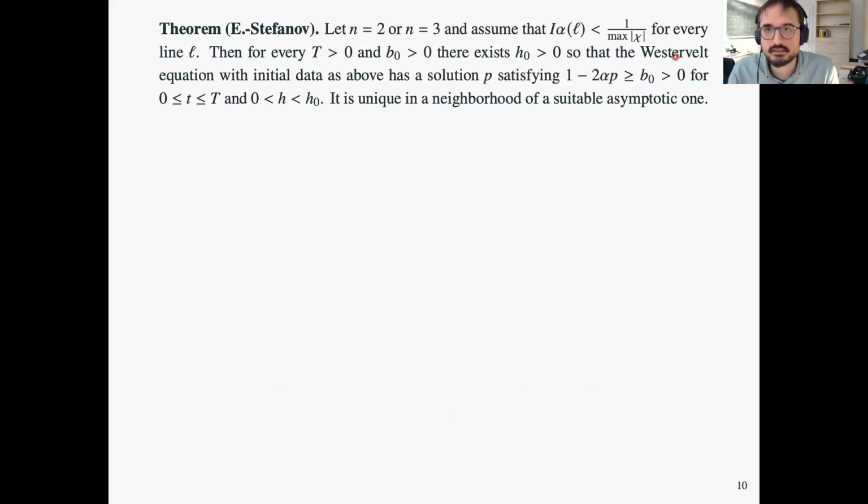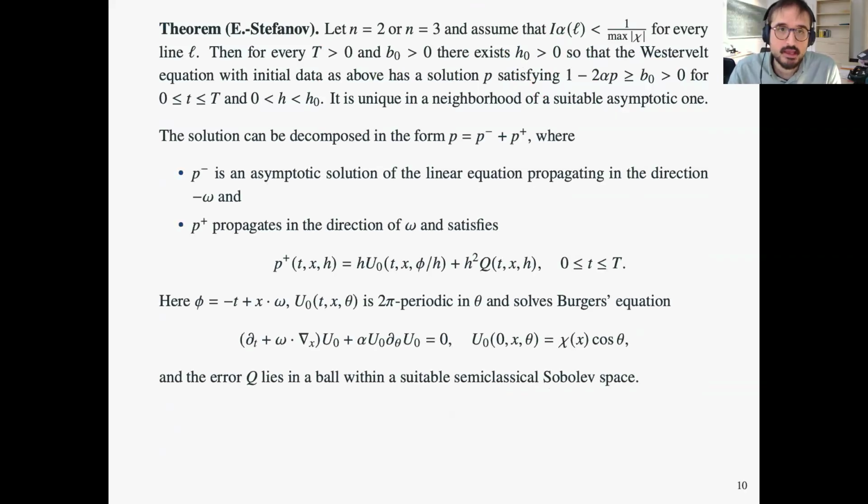So our theorem says that if you assume the condition I mentioned before to make sure you have no shock, then for an a priori fixed amount of time, you can solve the Westervelt equation, and you can make sure that its L infinity norm is small enough that the equation stays hyperbolic. And moreover, you can decompose the solution into a sum of a P plus and a P minus, where, as we mentioned, P minus is propagating away from the nonlinearity, so we're not going to care about it very much.